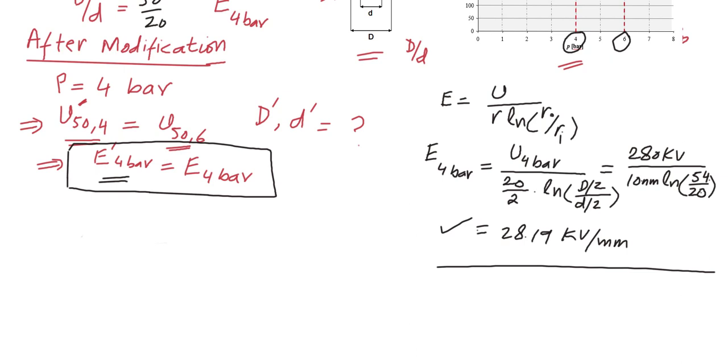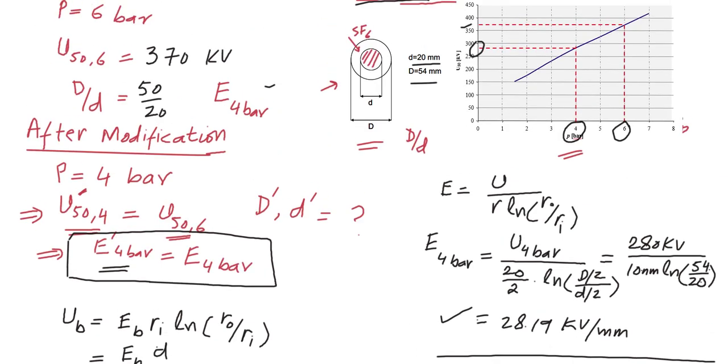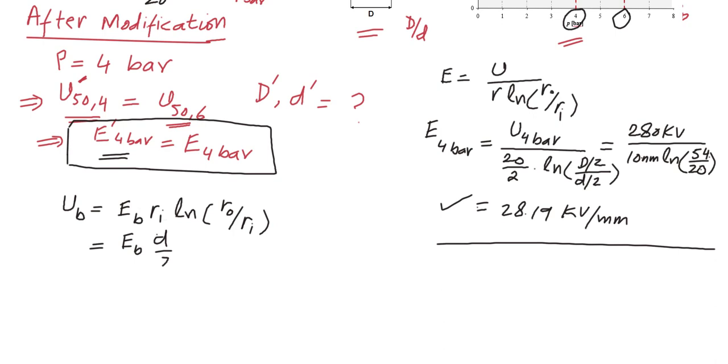So the general formula for the breakdown voltage is U_B equals E_max, or E_B, times R_i ln of R_o over R_i. Now in terms of diameters rather than radii, it will be E_B times the inner radius, which is half of the small d, so d by 2, ln of capital D by 2 over small d by 2.